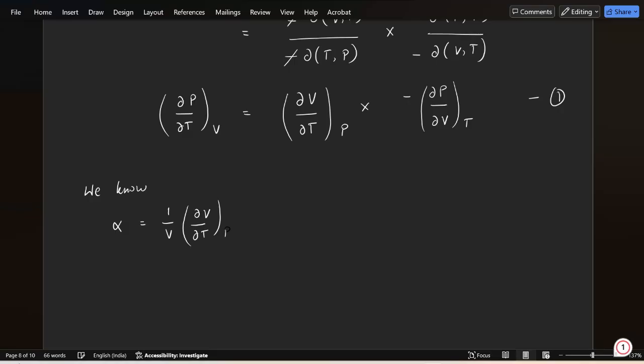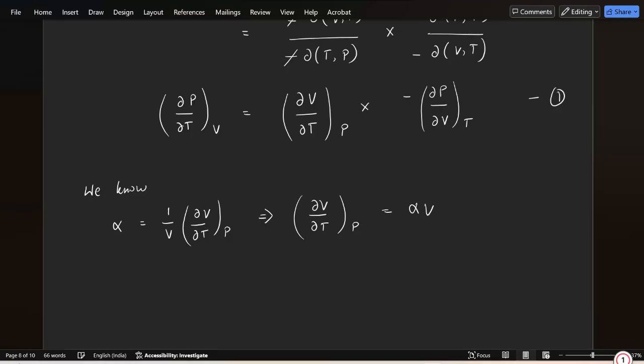So this is known already. You see here del V by del T is already there, which implies del V by del T at constant pressure is equal to alpha V. This expansion coefficient and volume are measurables, right?